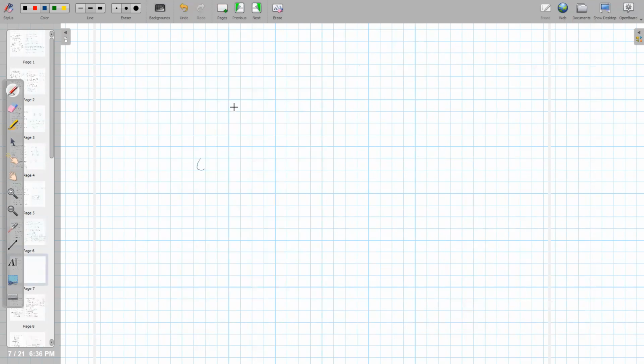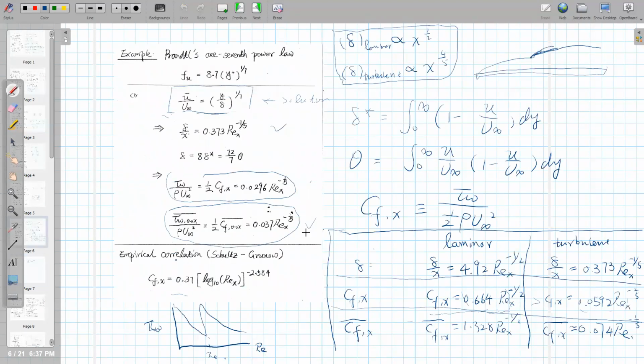Basically, for this mean C_f from 0 to x, it just equals 1 over x times the integral from 0 to x of C_f,x dx, right? This is what we did to calculate the mean friction factor from the local friction factor.